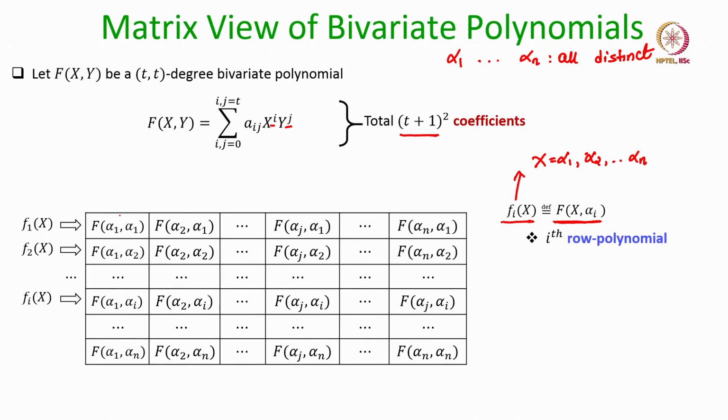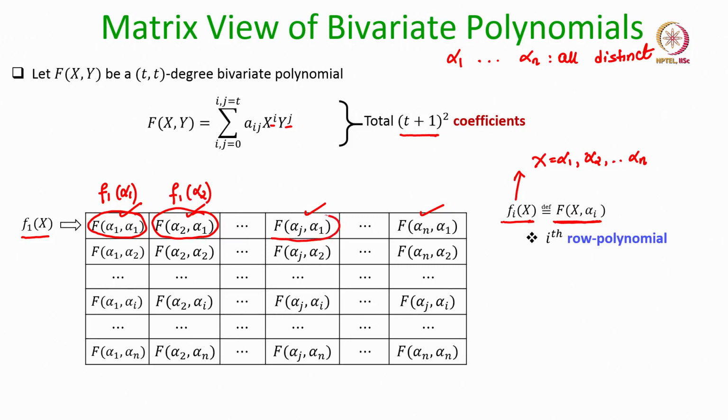So, for instance, all these values f of alpha 1, alpha 1, f of alpha 2, alpha 1, f of alpha j, alpha 1, f of alpha n, alpha 1, all of them lie on f sub 1 x. The first value here is the same as the f1 polynomial evaluated at alpha 1. The second value in the first row is nothing but the f1 polynomial evaluated at alpha 2.